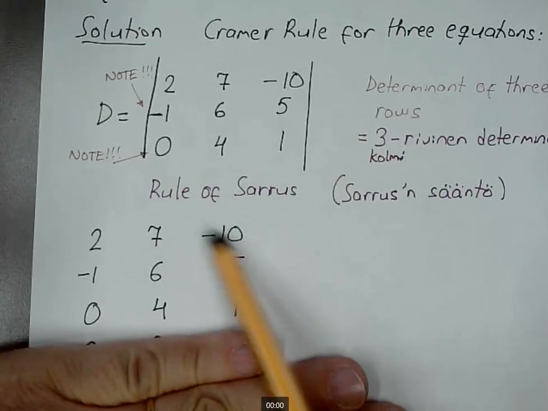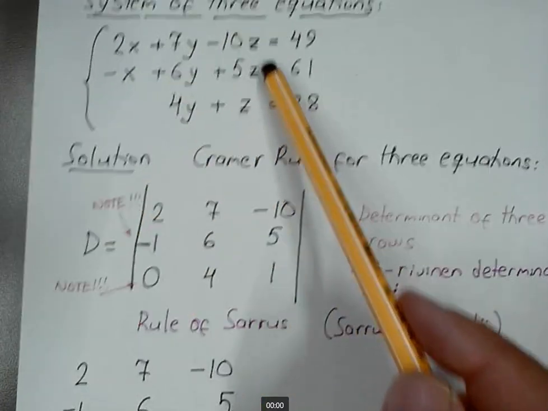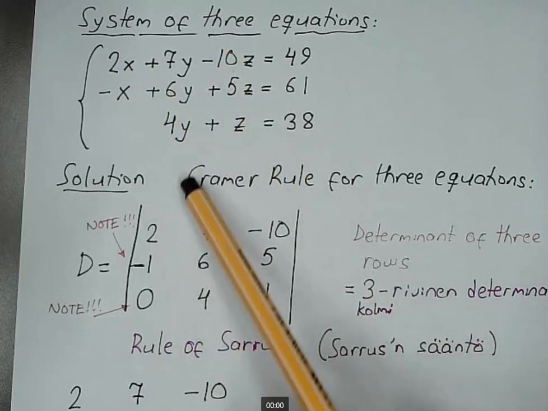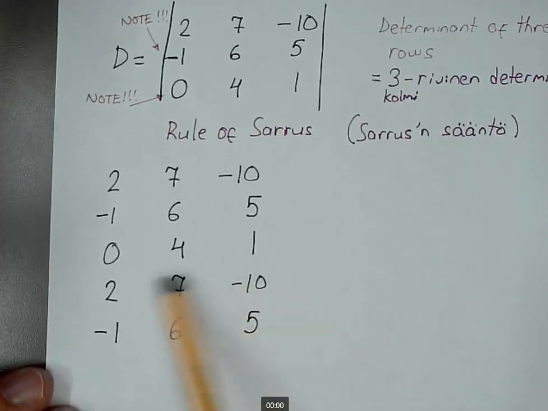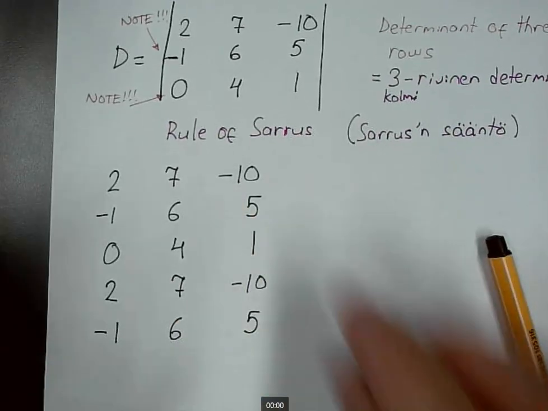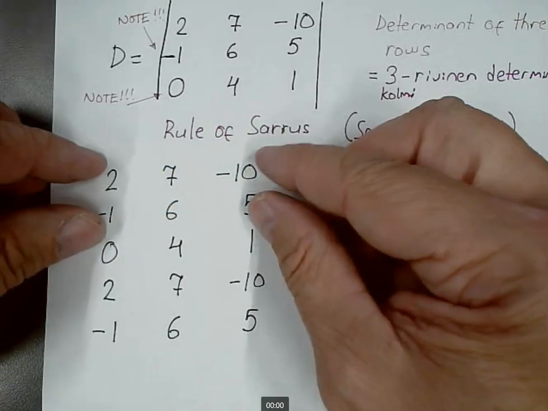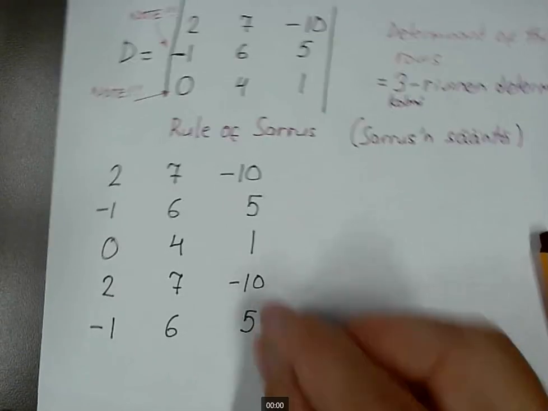So these numbers here are from the left hand side of this system of equations, and these 2 lines at the bottom of this rule of Sarrus are just simply copied from the first 2 rows there to here.